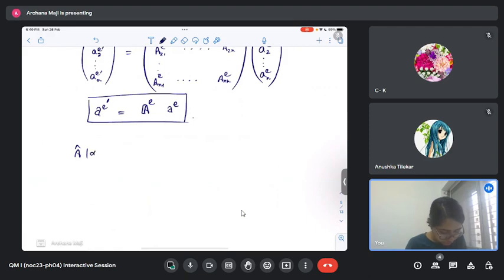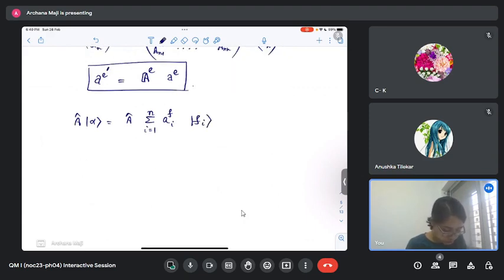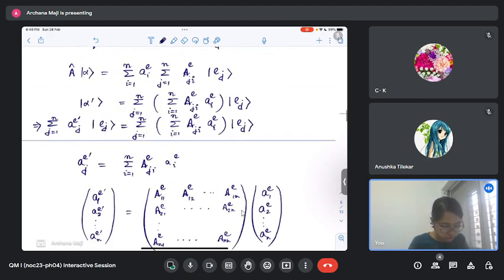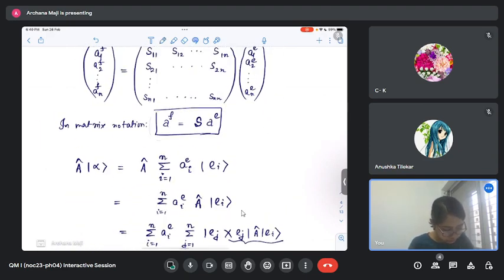We also know that alpha can be written in terms of F basis, and if you do the similar analysis, you can show that A, these are again the components, so in matrix notation, this is what you will get. So we now have these three relations. Let me copy it again below.